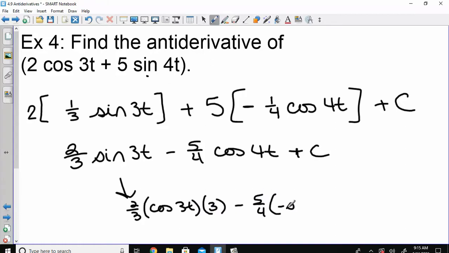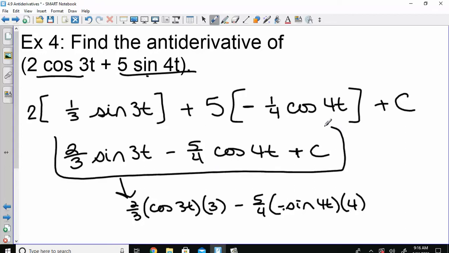Derivative of cosine is negative sine, angle stays the same, times the derivative of the angle. Derivative of the constant is 0. 2/3 times 3 gives me the 2 cosine 3t. Negative 5/4 times a negative 4, and we get that. So it's easy to check these. Just do your derivatives.